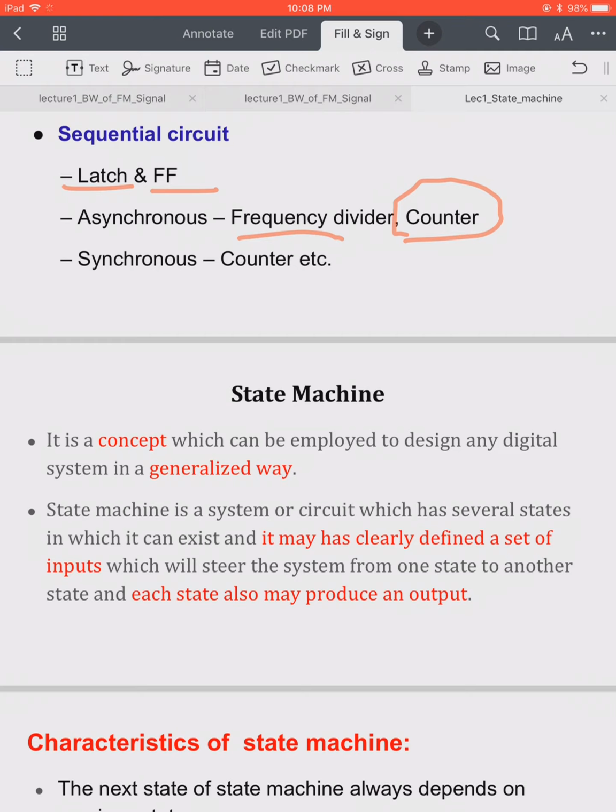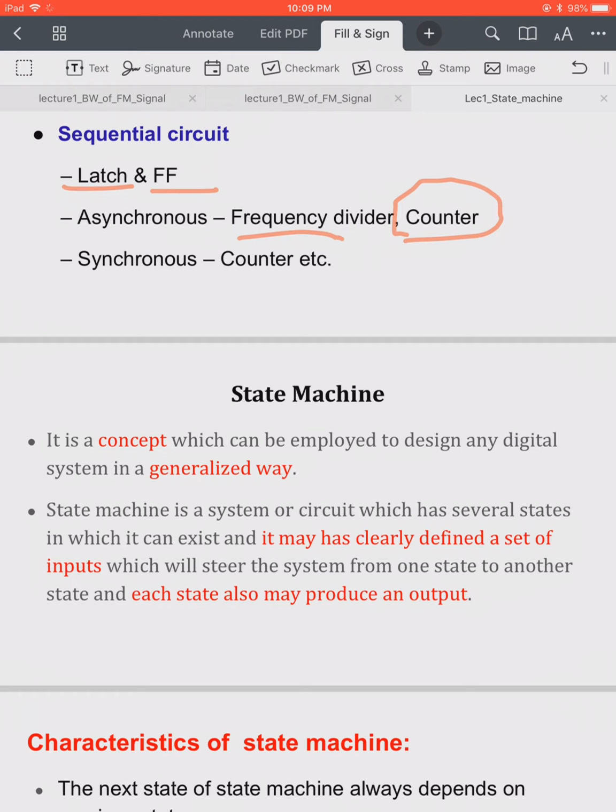So we'll define state machine as a system or circuit which has several states. It has to have some finite number of states in which it can exist. It may have a clearly defined set of inputs which will steer the system from one state to another state, and each state also may produce some output.